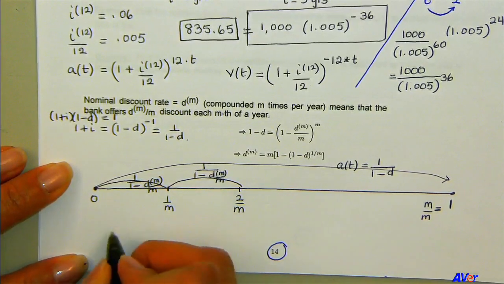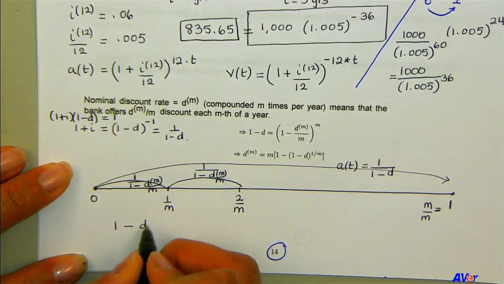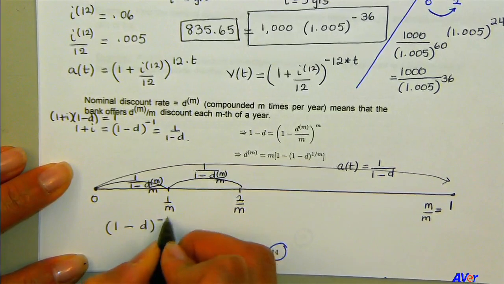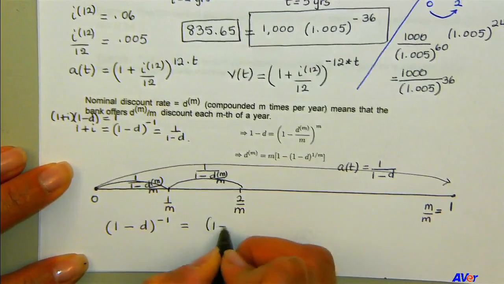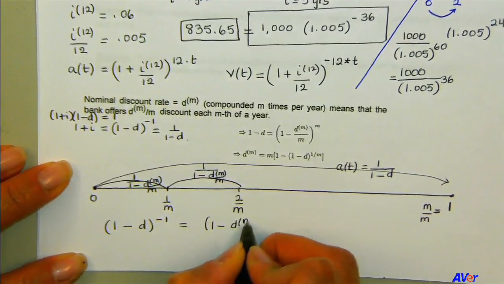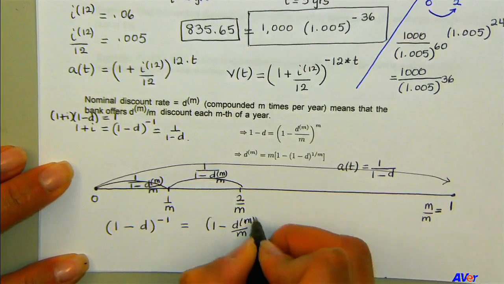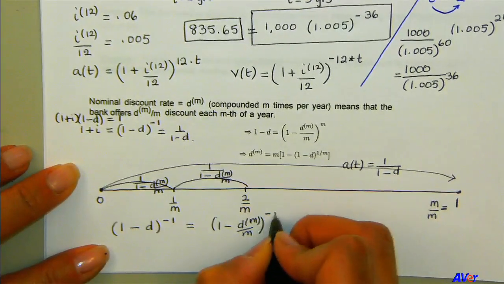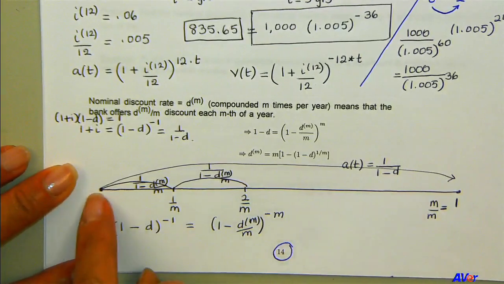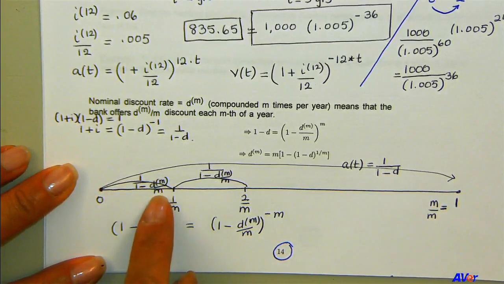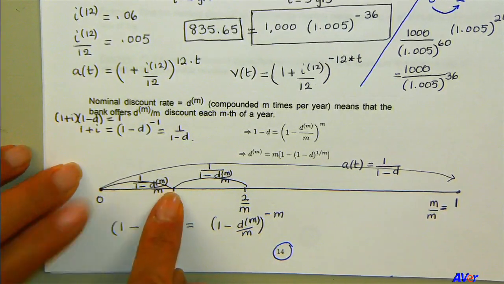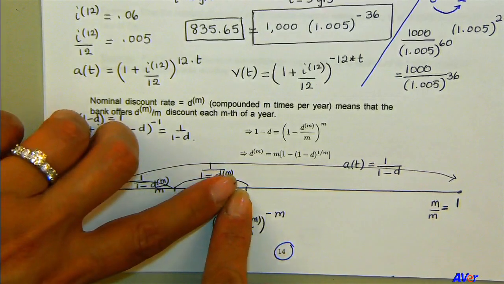So couldn't I say (1 minus d) to the minus 1 equals (1 minus d^(m) over m) to the minus m? Because I have 1 minus d^(m) over m to the minus 1, to the minus 2, to the minus 3.